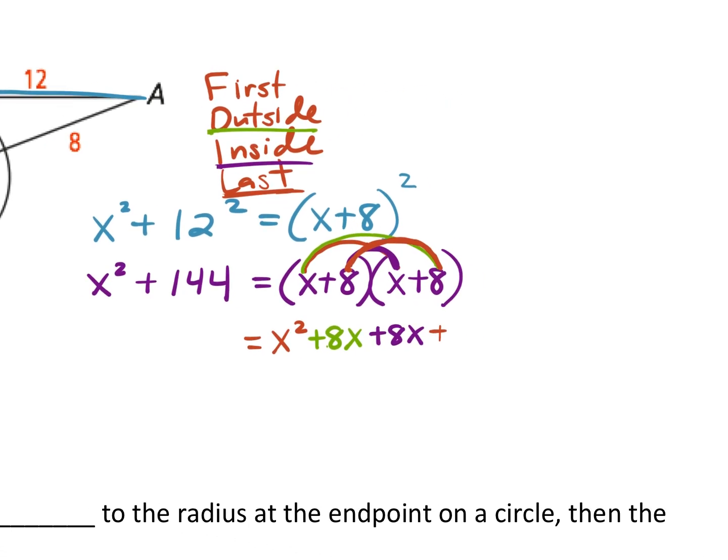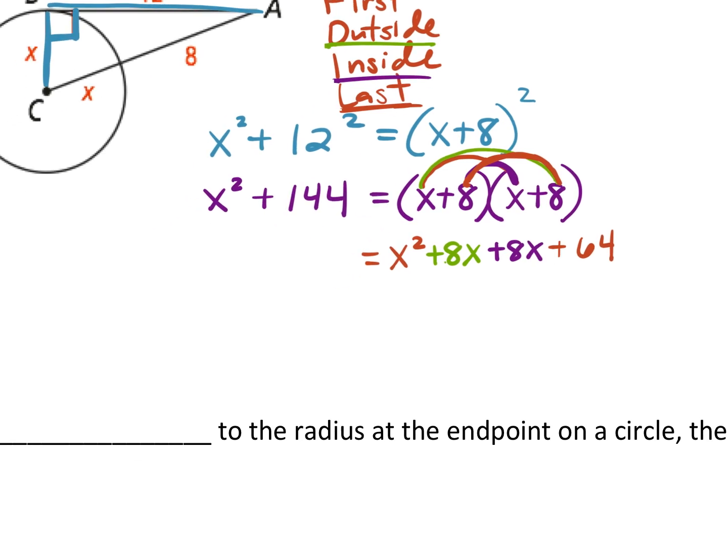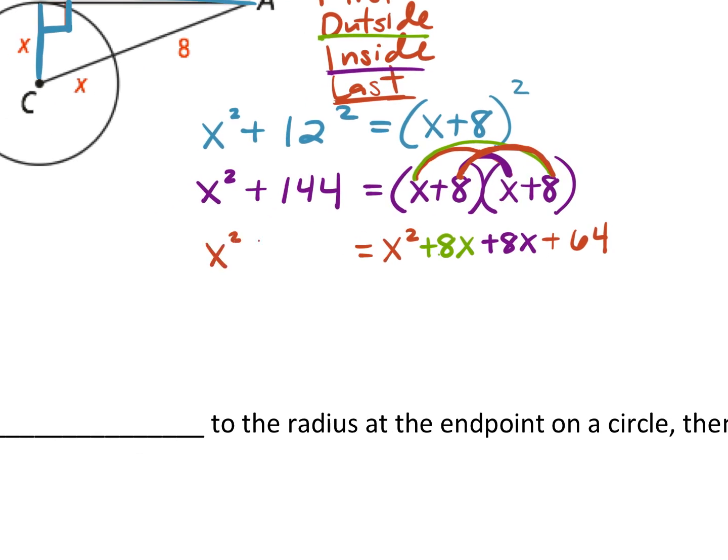And you're always multiplying, right? 8 times 8 is 64. So it looks like this. x squared plus 144 equals x squared plus 8x plus 8x plus 64. Then we can start to simplify. This is x squared plus 16x plus 64.